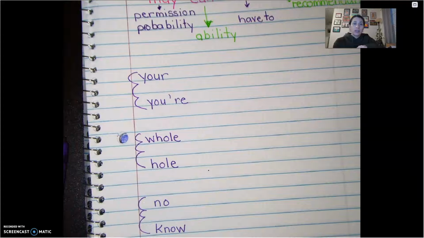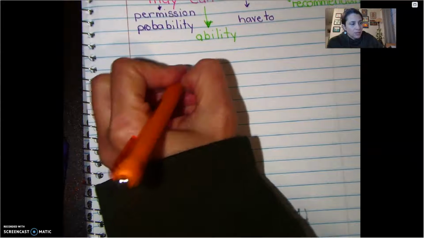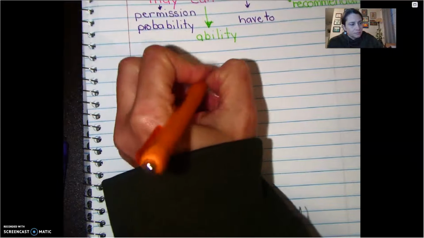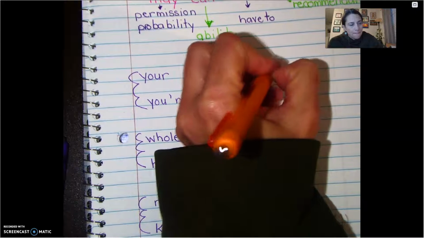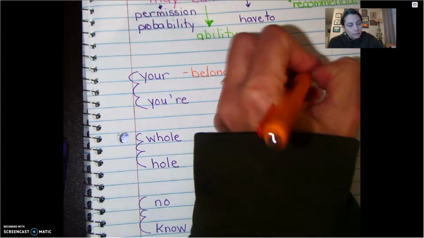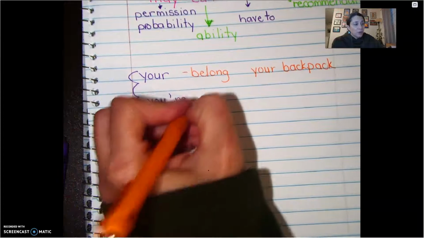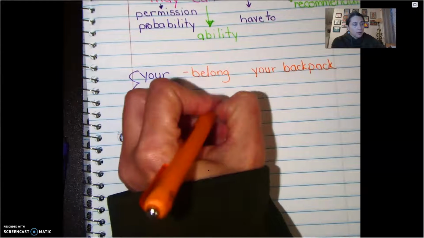So what we're going to do is talk about each one. This one, your, is belonging. So something belongs to you, like your backpack. Now this one stands for you are.